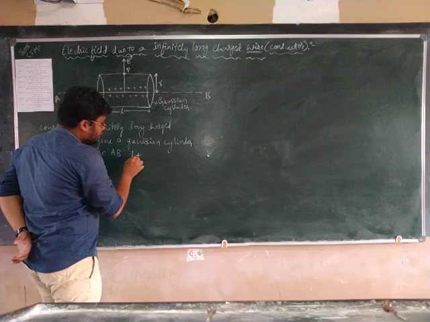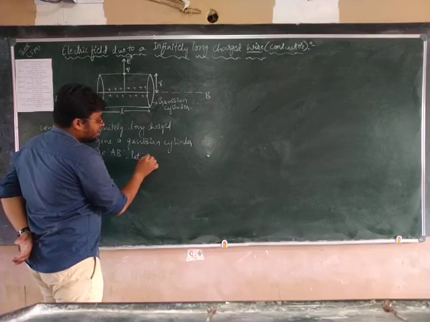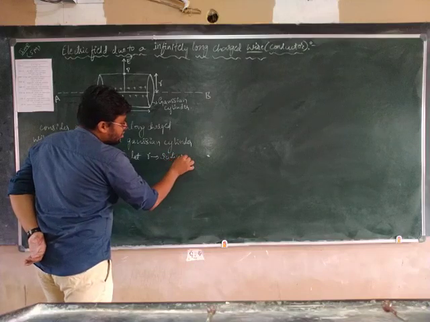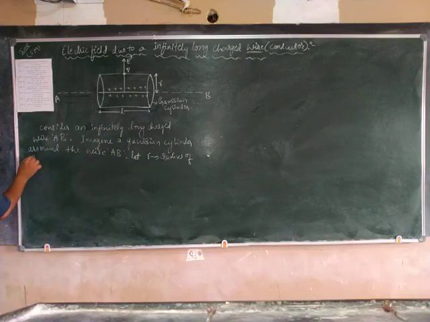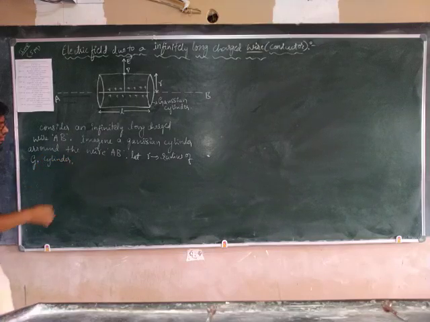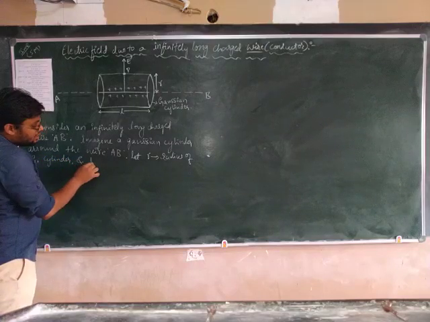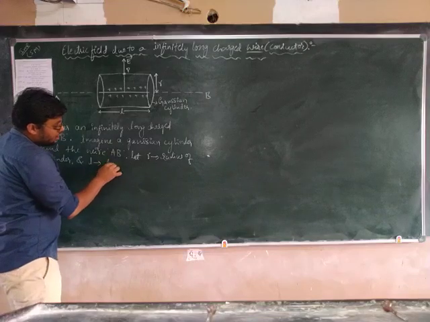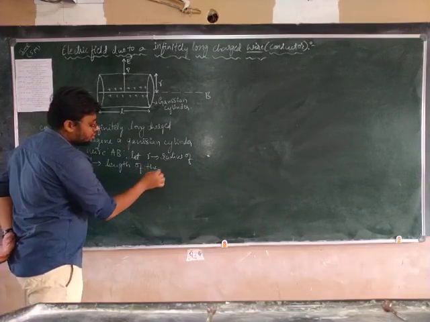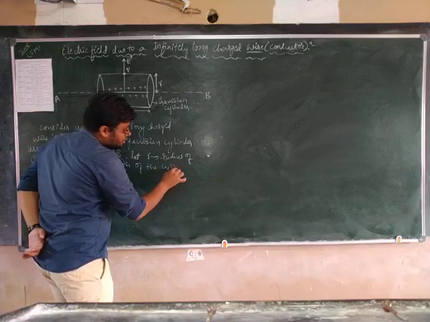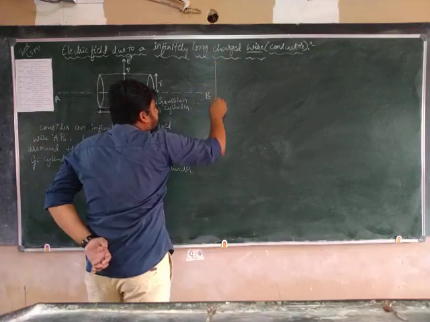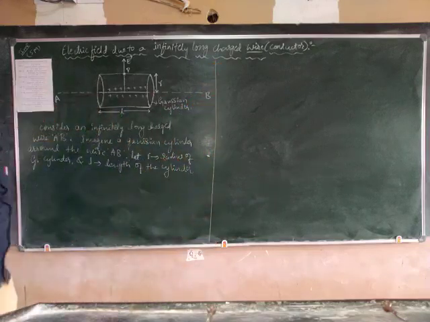Let R be the radius of the Gaussian cylinder and L be the length of the cylinder.